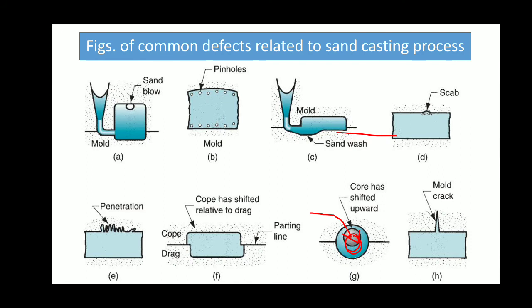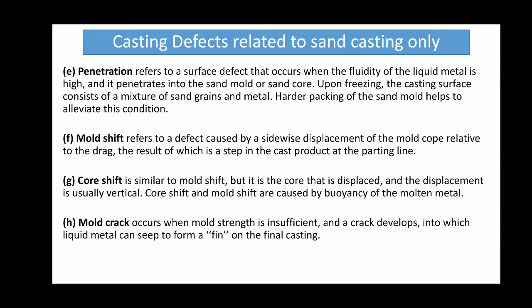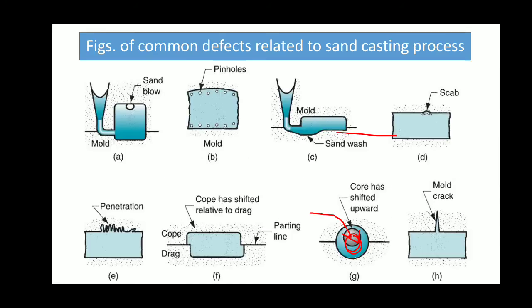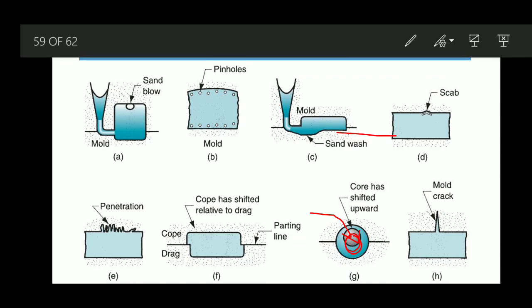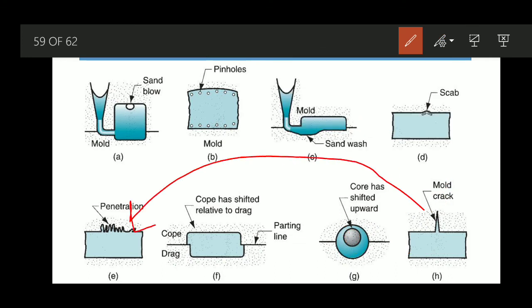Similarly, we can have mold crack as one of the problems. When the strength of the mold is not sufficient, then a particular crack may develop on that mold. Because of that crack, the liquid metal will get inside it, and once it has solidified, just like in the case of penetration, we will get some kind of shape like this.